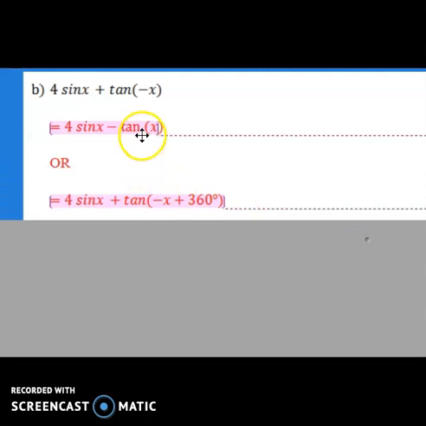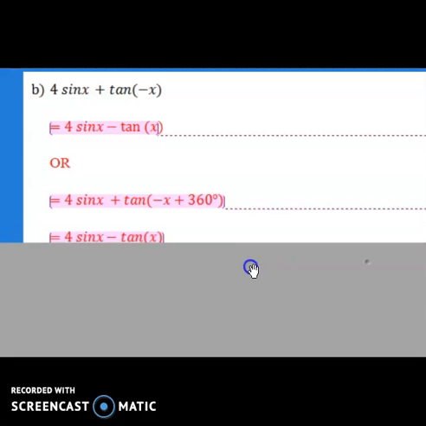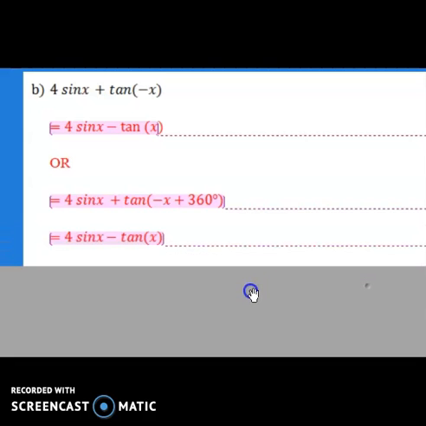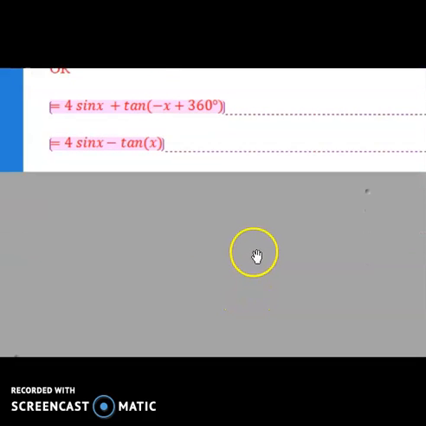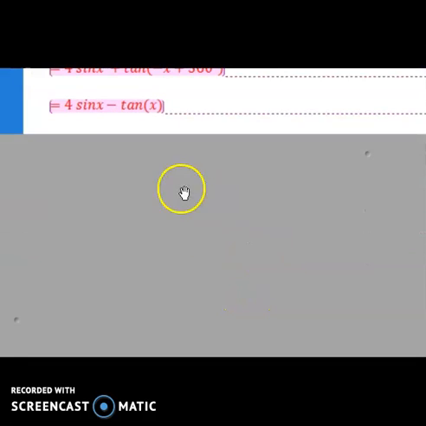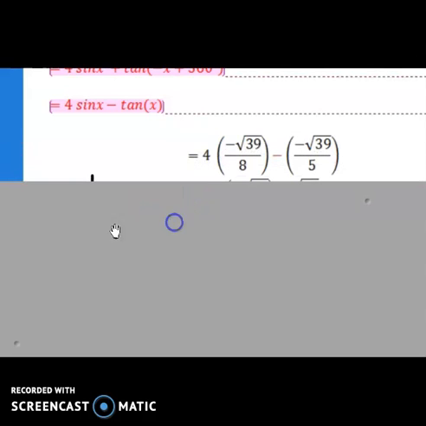Okay? So you could do either that, or you could follow this process where you add 360 degrees. So this becomes 360 degrees minus x, which means tan is negative in the fourth quadrant. Right? So I'm simplifying and I get 4 sine of x minus tan of x.